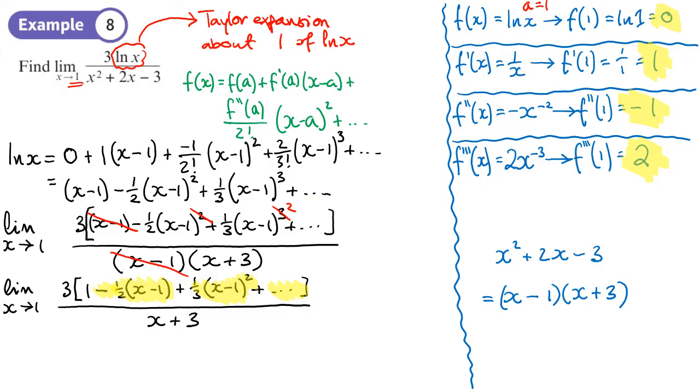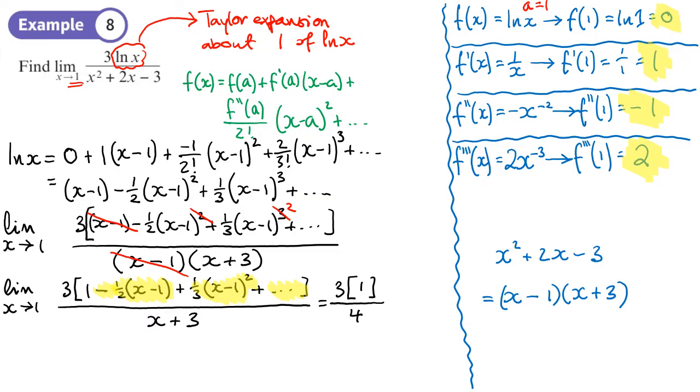So what I'm left with at the top is basically 3 and then the 1 in the bracket. The bottom, as x tends to 1, is going to tend to 4. So we just use our algebra of limits.